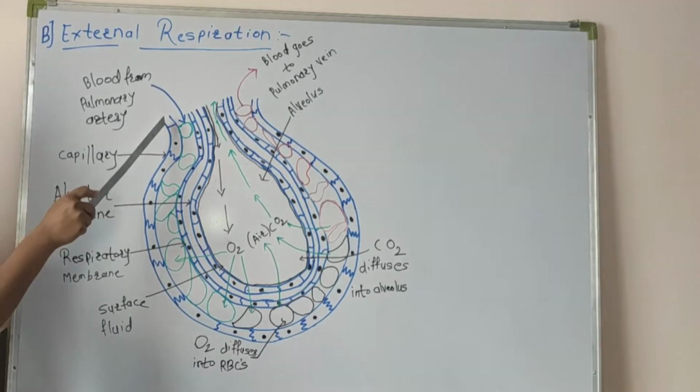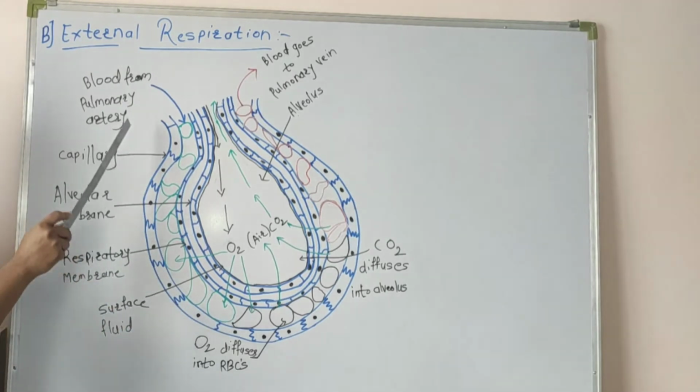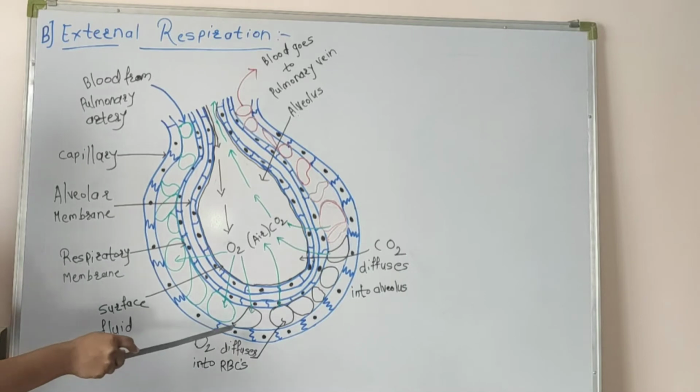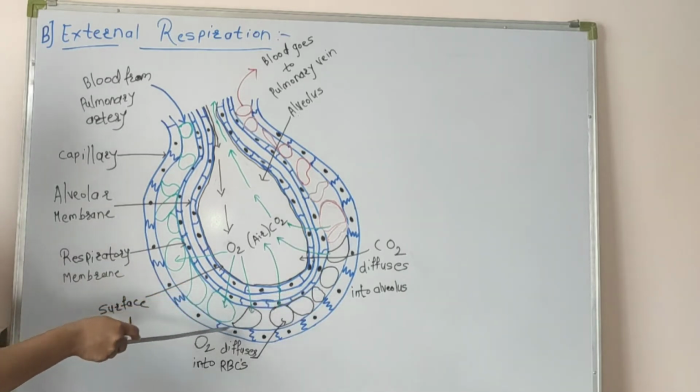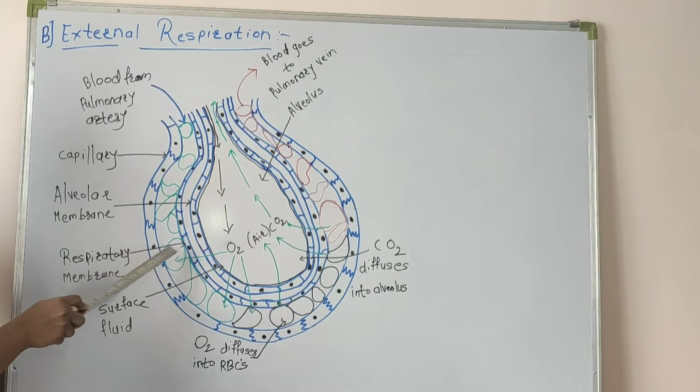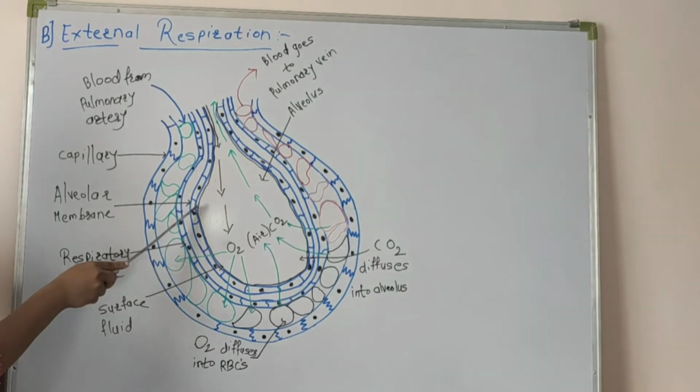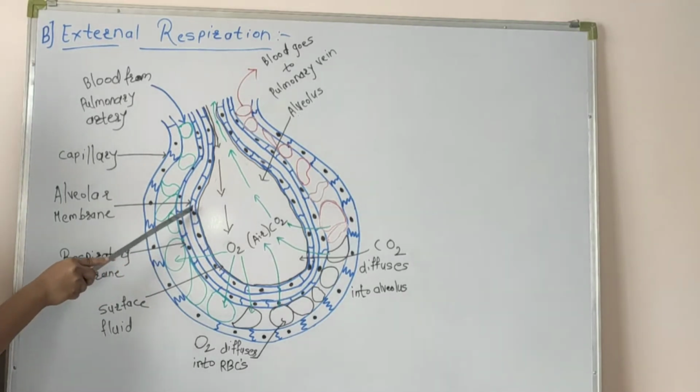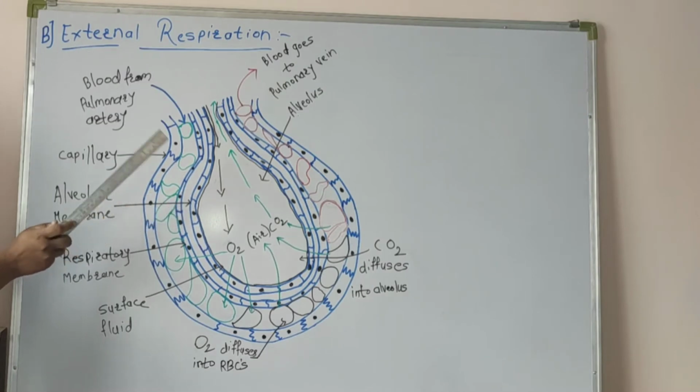There will be a first layer which is the capillary, that means all the blood cells are present here. Then you can see the second membrane, which is the respiratory membrane, and a third membrane called the alveolar membrane.